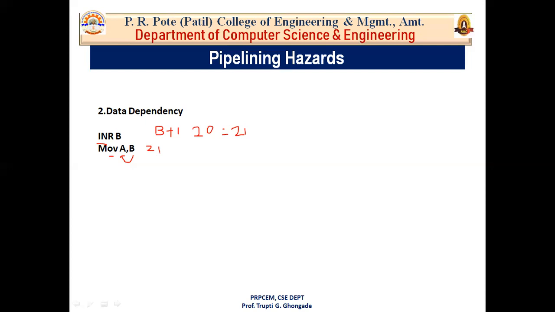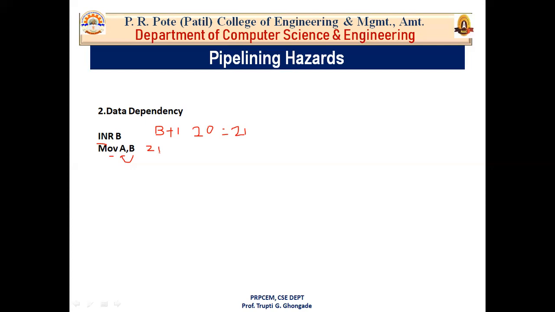If we start instruction number 2 before the completion of instruction number 1, then in move A comma B, A will get the value 20 because instruction 1 is not completed yet. So before starting instruction number 2, the first instruction must be fully completed. Otherwise, your A will get value 20, not the updated value 21.